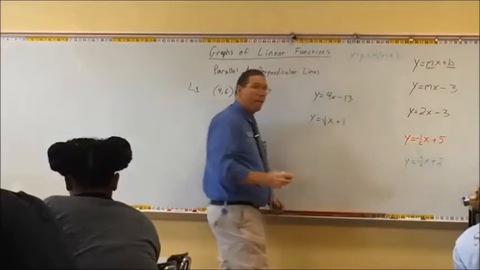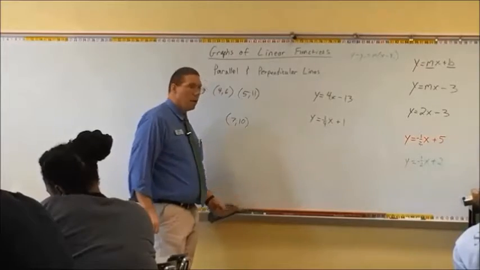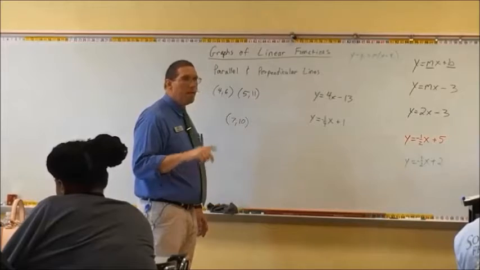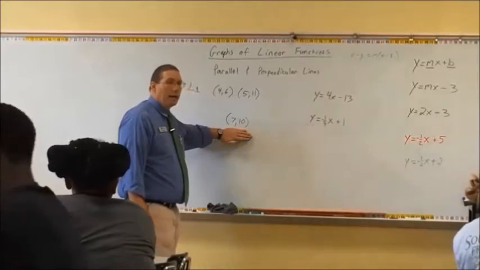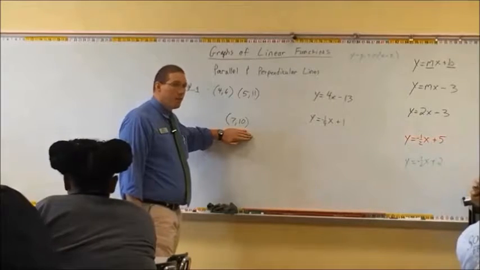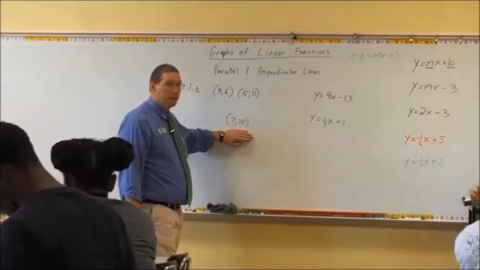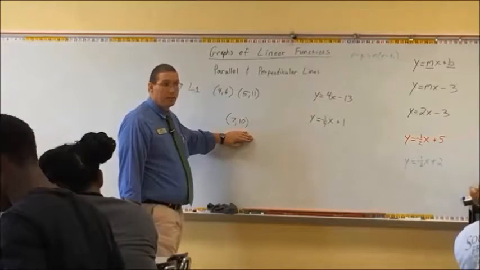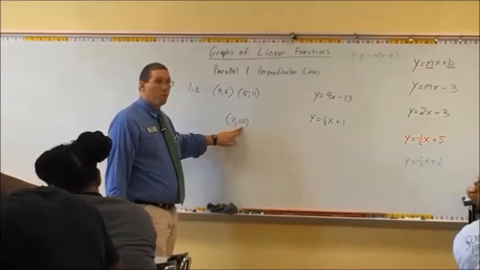Then put it in slope-intercept form, then identify a line that is perpendicular to that line and passes through the point 7, 10. And the best way to do that would be to use point-slope form.